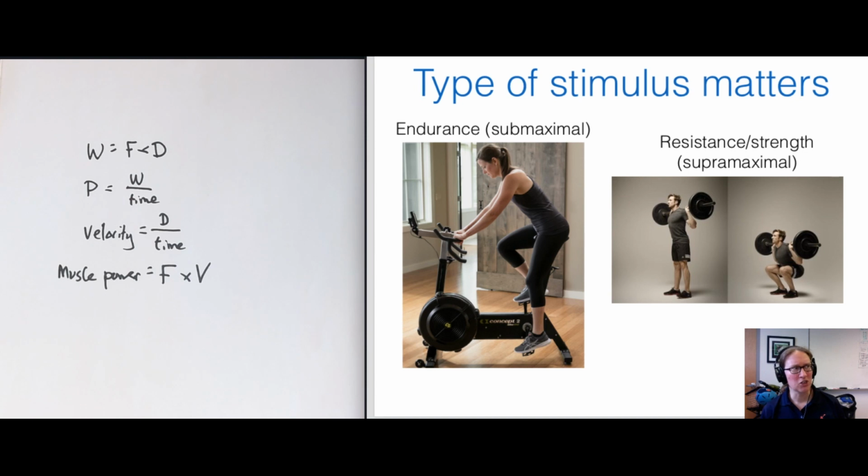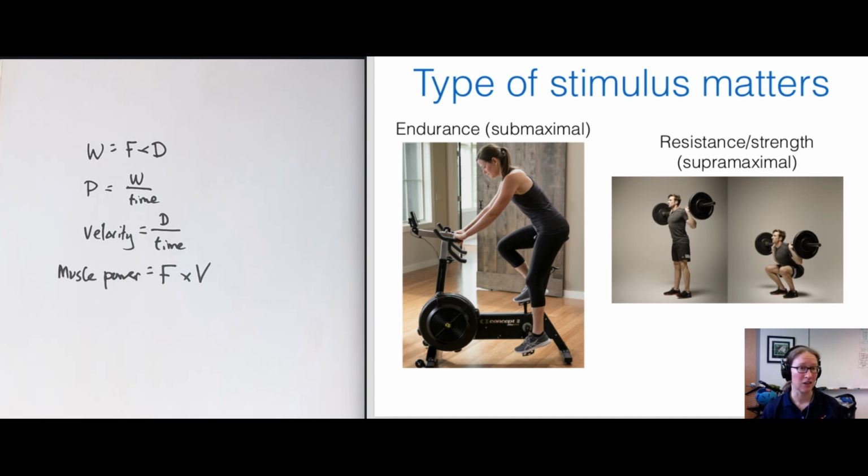For changes to happen, however, the type of stimulus that a muscle receives will also impact how that muscle responds. And so we're going to divide our types of stimuli into our two major categories of exercise.